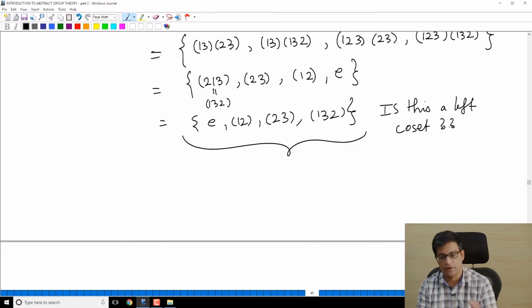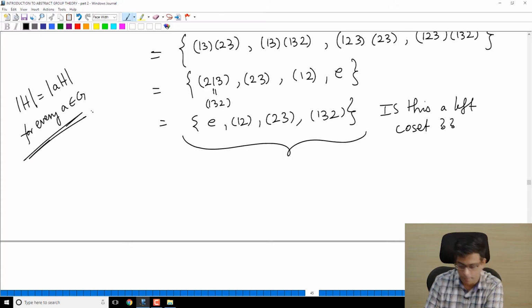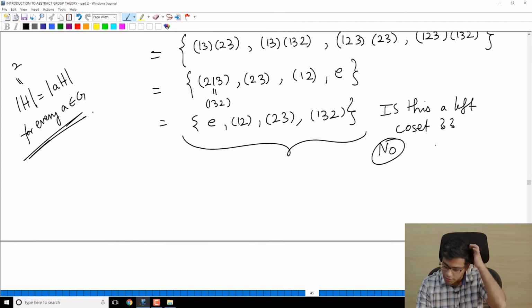The number of elements in a left coset is equal to the number of elements of H. Remember, cardinality of H is equal to cardinality of AH for every A in G. So any left coset of H must have the same number of elements as H, but AH has 2 elements in our example. So any left coset must have 2 elements, but this has 4 elements, so this cannot be a left coset, right?